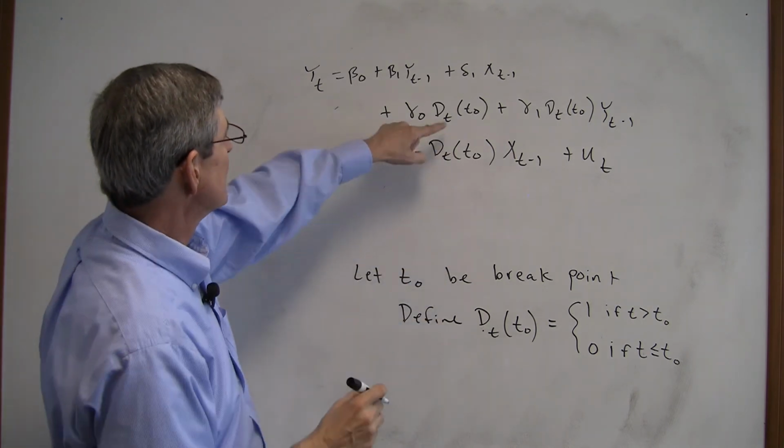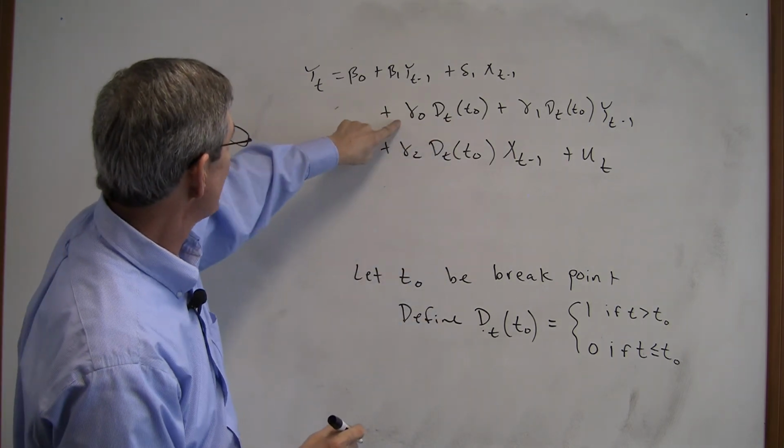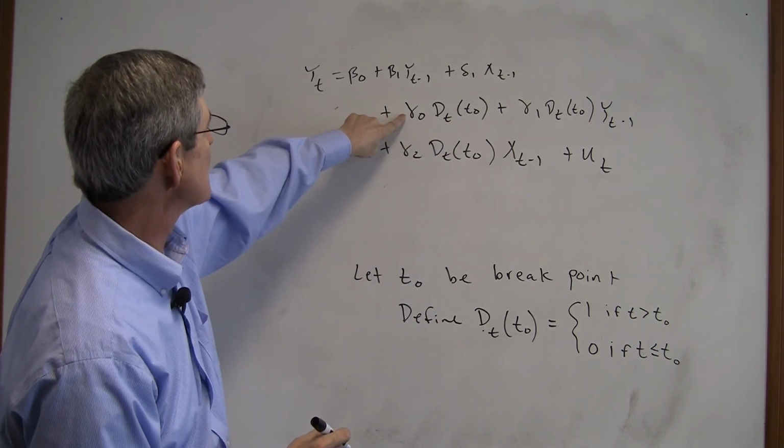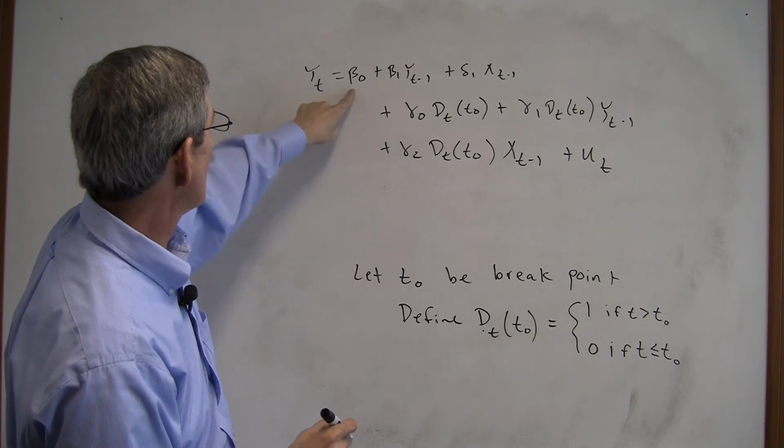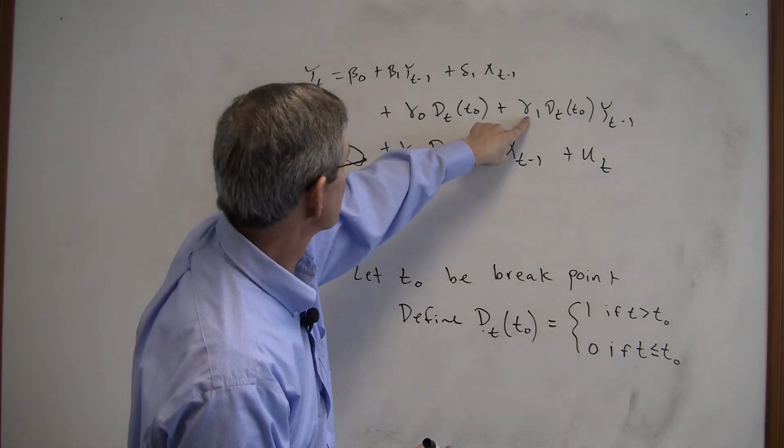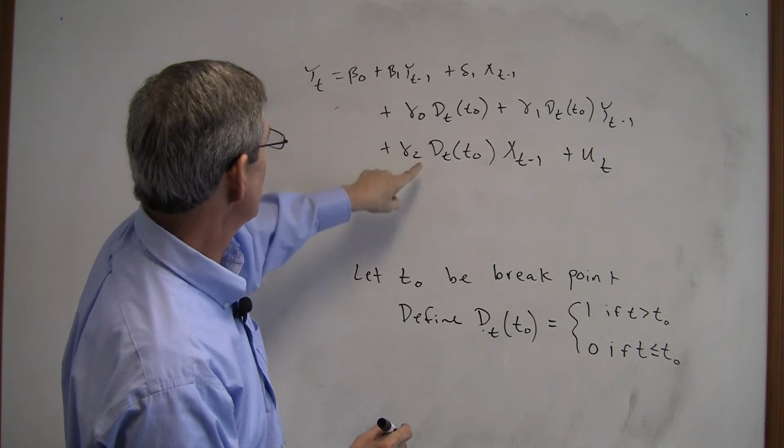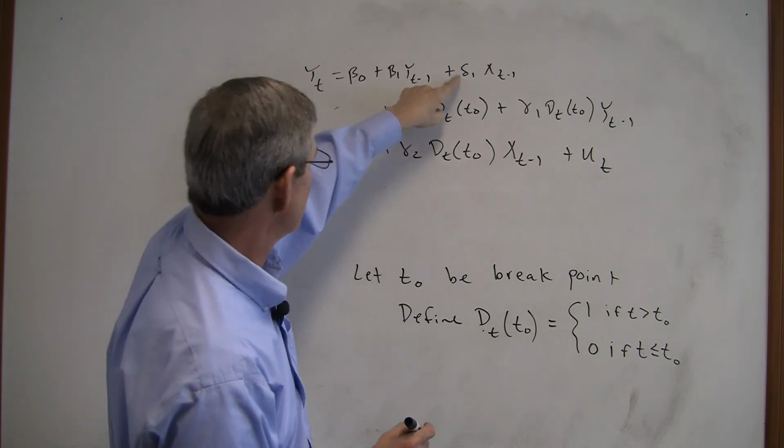So gamma 0 allows for a break in the constant, gamma 1 allows for a break in beta 1, and gamma 2 allows for a break in delta 1.